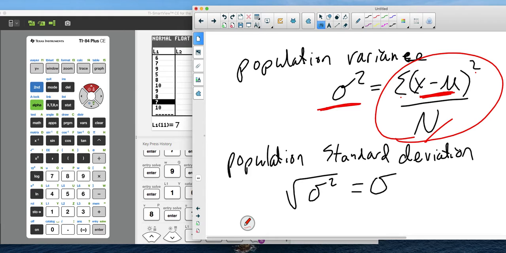They use the symbol theta squared. Is it theta? Yeah. And then population standard deviation is the square root of population variance. There's a formula for this, but just know that once you find the population variance, you take the square root, and you have the population standard deviation.